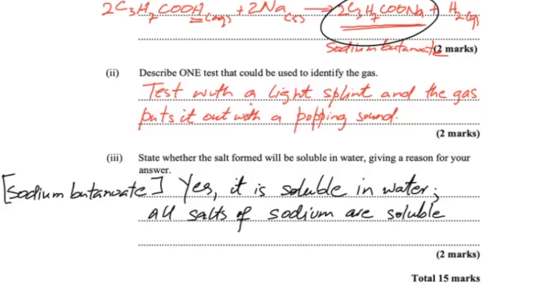While we're at it, all sodium, ammonium, and potassium salts are soluble. All these salts are soluble. So that would give you the 2 marks to top it up to 15. All right. Let's see what the future holds down here.